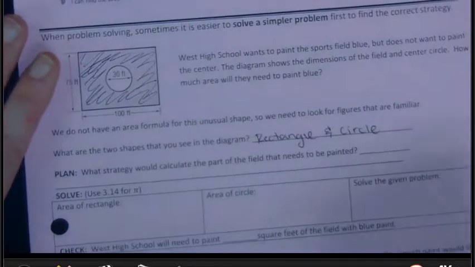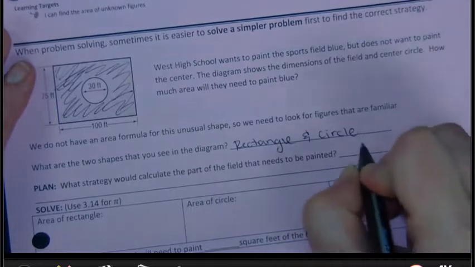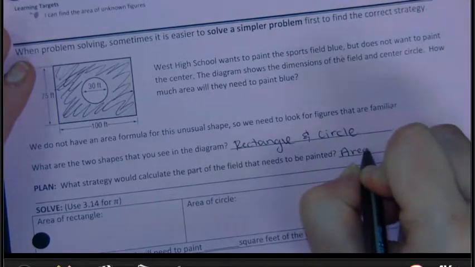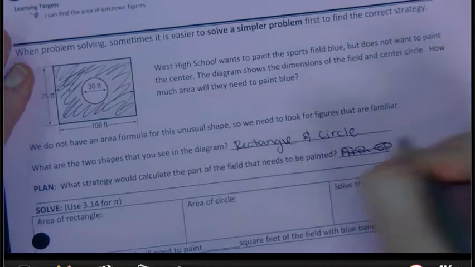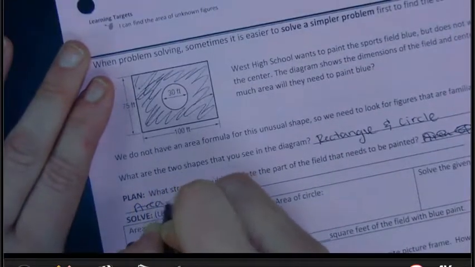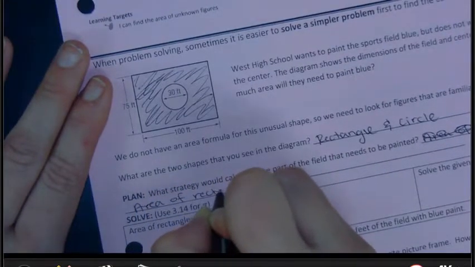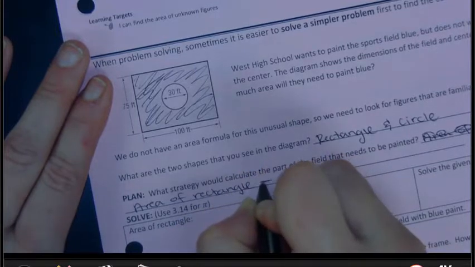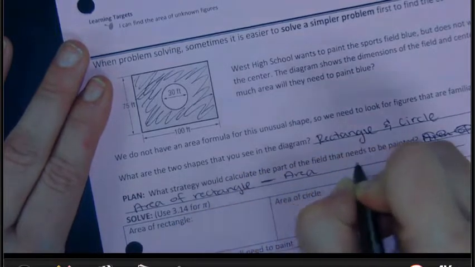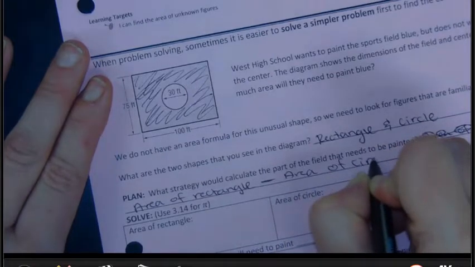All right, so this is the strategy I'm going to do: area of rectangle minus area of circle.